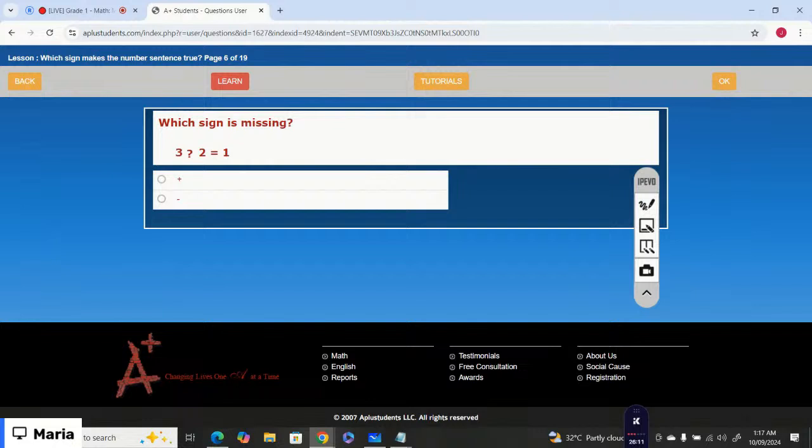Which sign is missing? 3 plus 1 equals 1, or 3 take away 1 is 1.